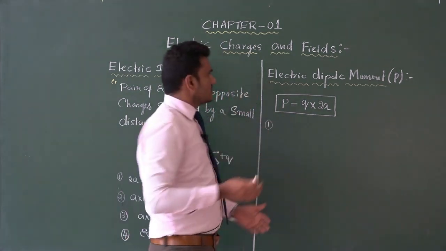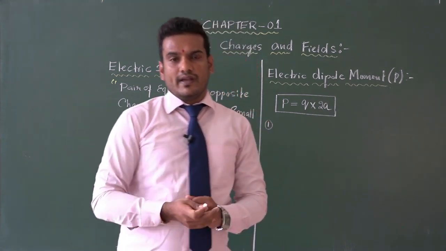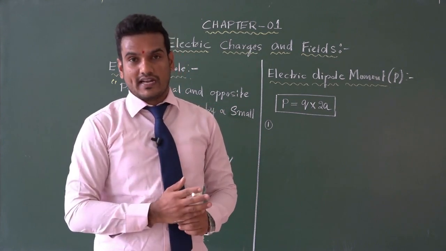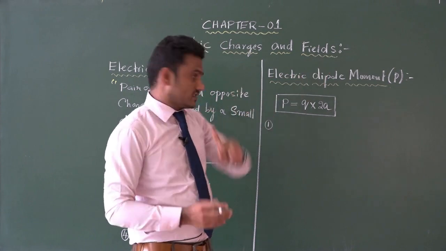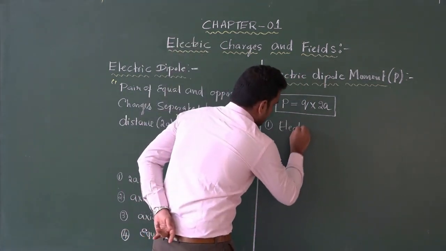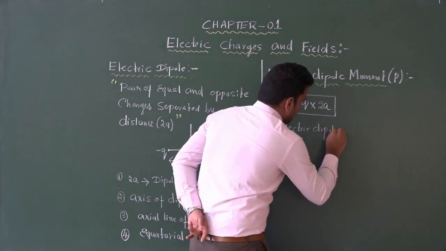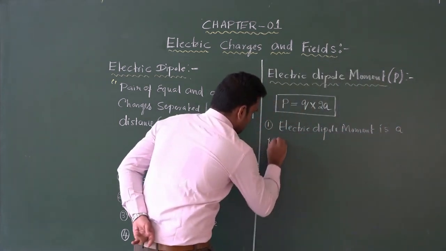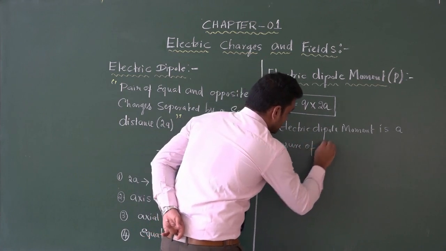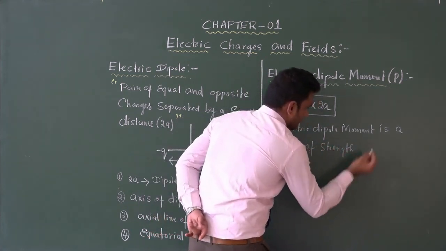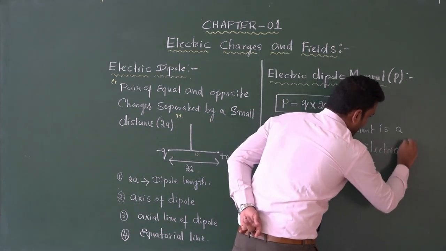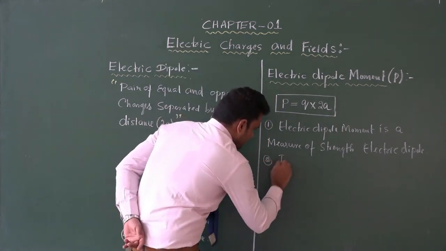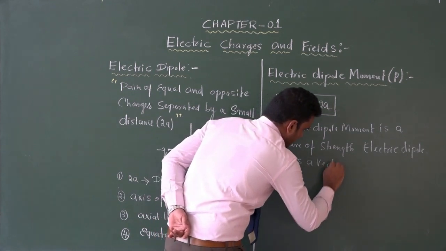What is the use of electric dipole moment? Electric dipole moment is a measure of the strength of the electric dipole, meaning to calculate the strength of the electric dipole we use the electric dipole moment. Second, it is a vector quantity.